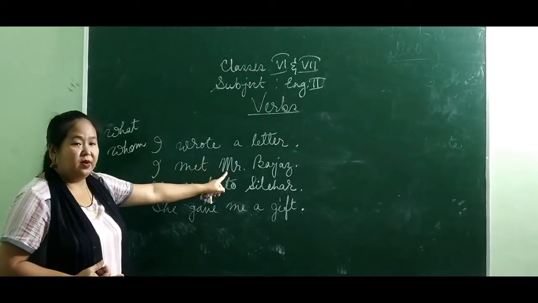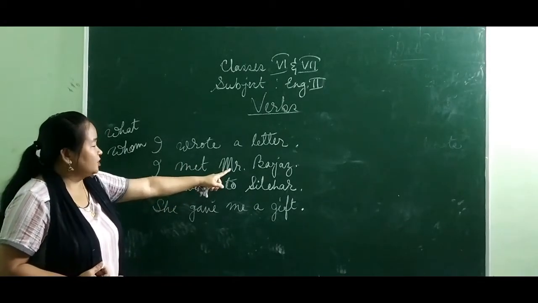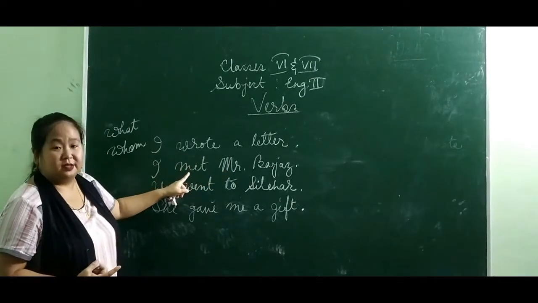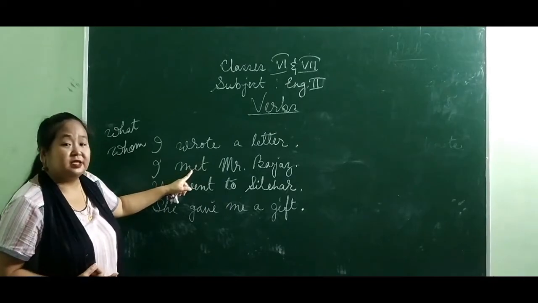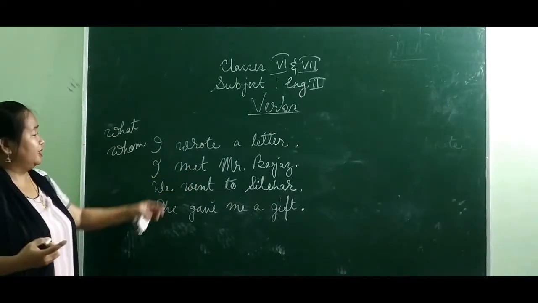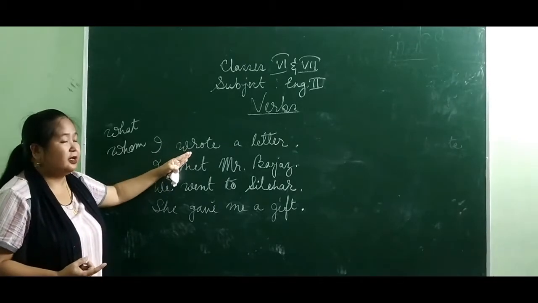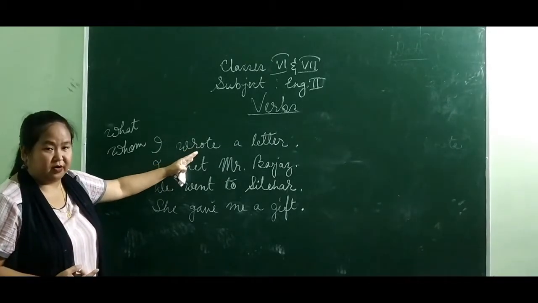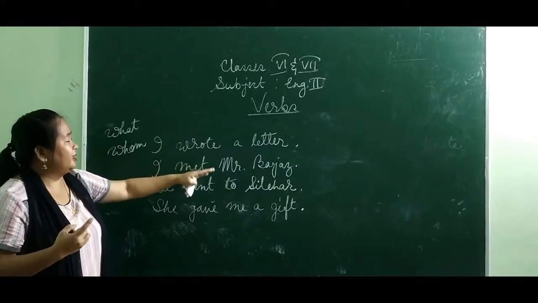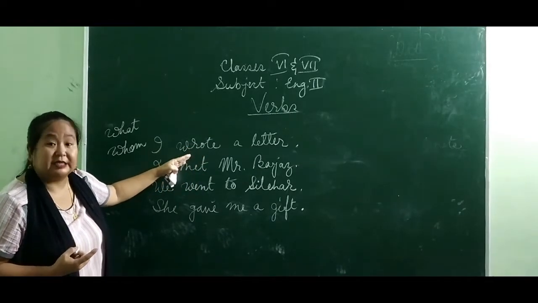I met whom? I met Mr. Bazaz. So again we find an answer after asking whom to the verb. So this verb is a transitive verb. To find an object in a sentence, we always have to ask what or whom to the verb, and if you find an answer, that means that verb is a transitive verb.